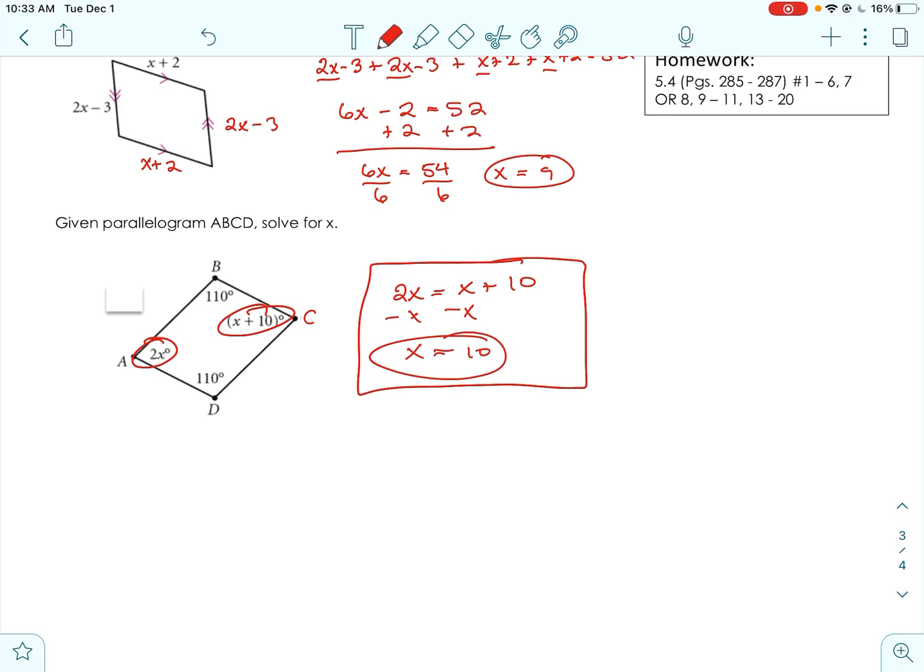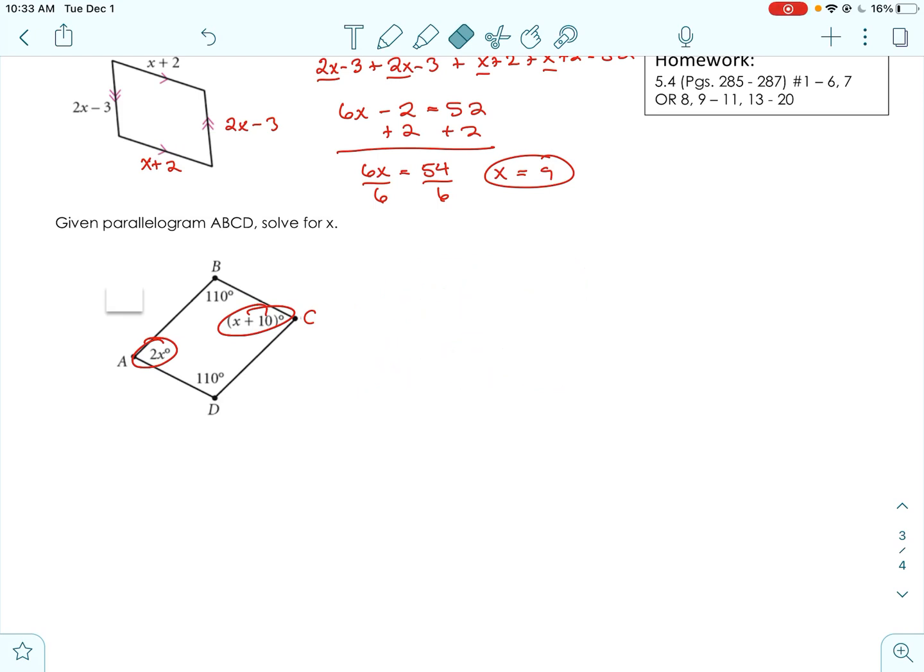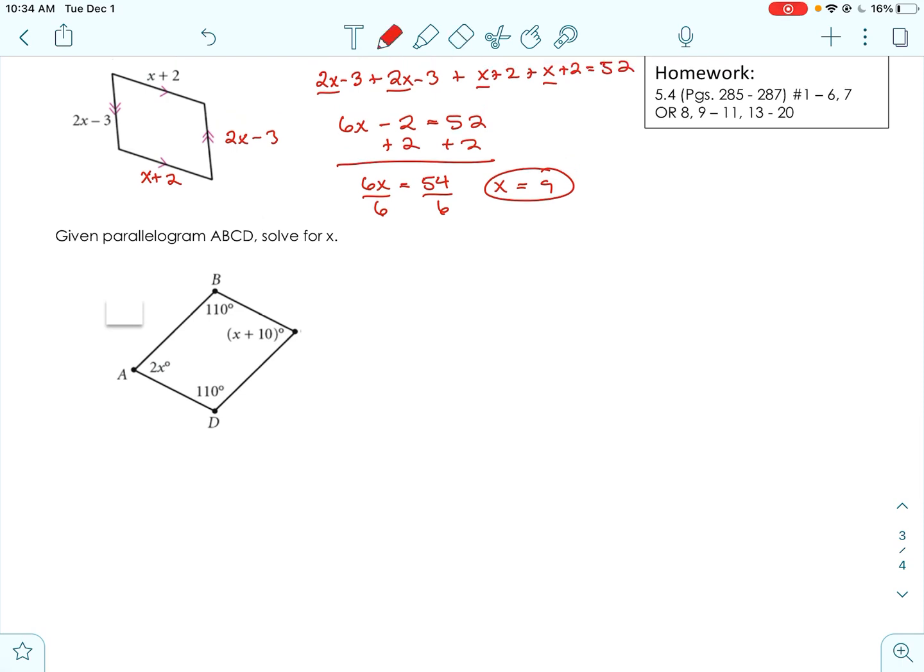So you get, hold on, that's not working out right. Let's backtrack on that. So let's go ahead and use our example for where we know that consecutive angles are supplementary.